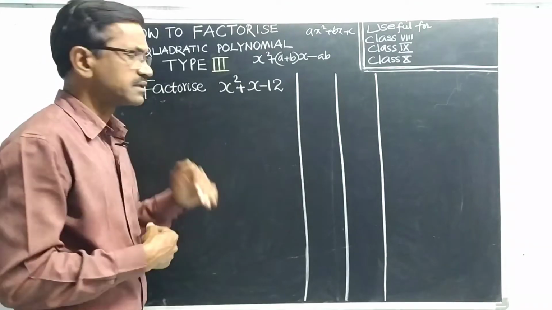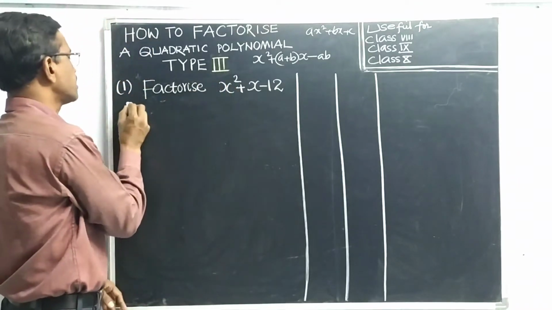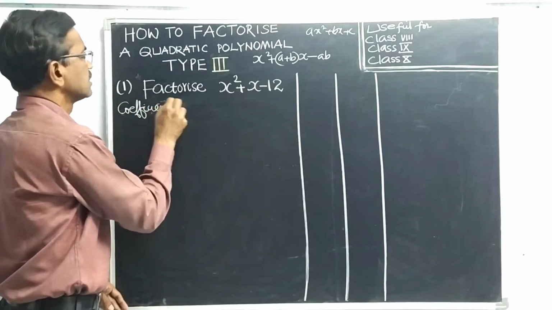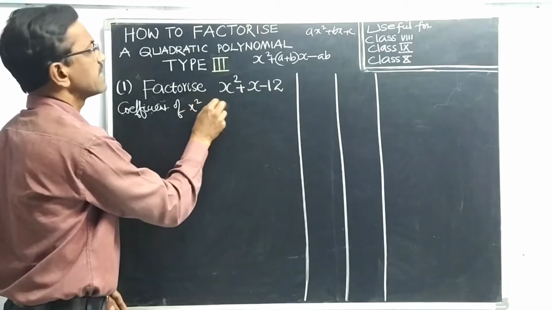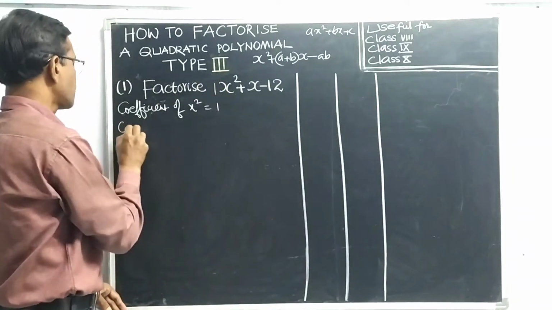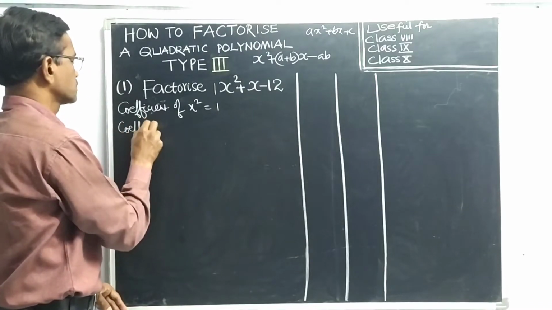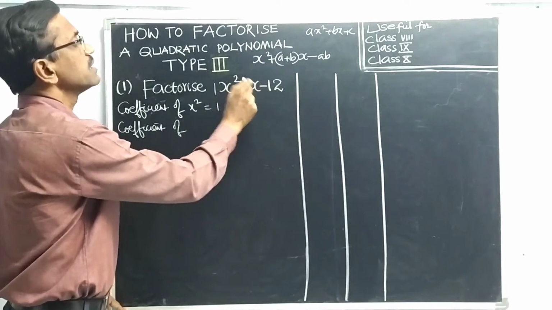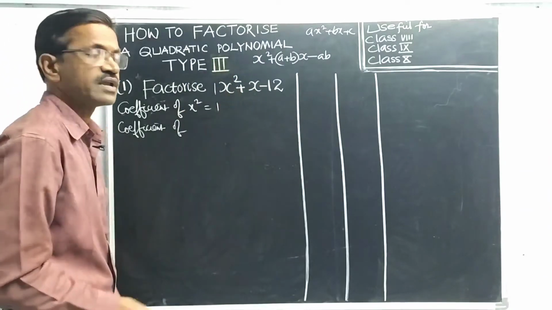Okay, let us start. Here, what is the coefficient of x square? The coefficient of x square is 1. For the coefficient of x, if there is no number before the variable, you have to take it as 1.